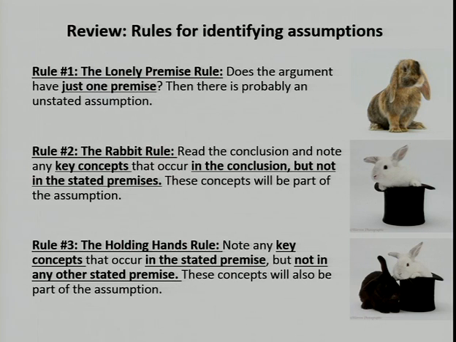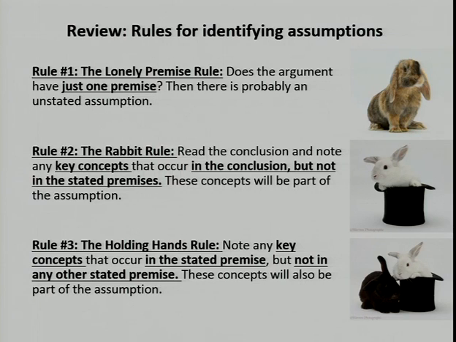So the first one was, if there is some relevant concept that suddenly appears out of nowhere in the conclusion, then that is an indication that there is an implicit premise being made that needs to be made explicit, and it's going to have to mention that key concept that suddenly appeared out of nowhere in the conclusion. And the last rule was exactly the mirror image of that. If there is some key concept, important term, or phrase that is in one of the premises but doesn't turn up in any of the other premises, then again that is an indication that something is missing.